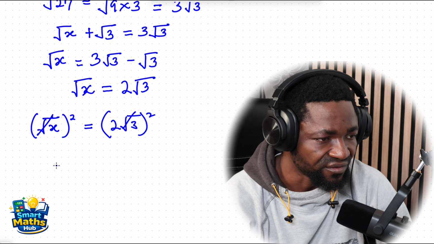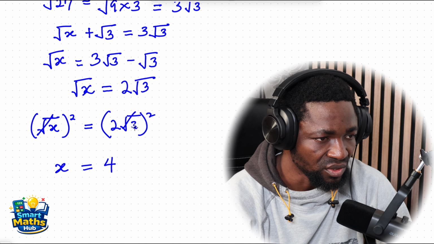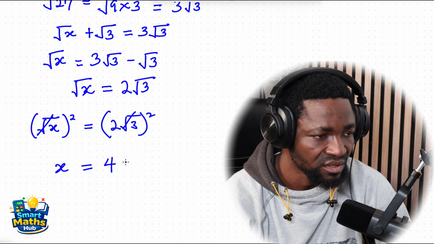So we have x equals 4, since 2 raised to power 2 is 4. Remember, the square root of 3 doesn't need to be raised to any power, so you just have 4 multiplied by 3.